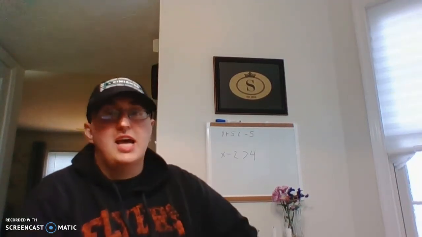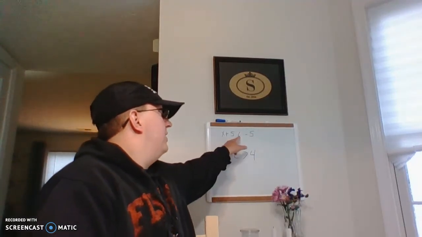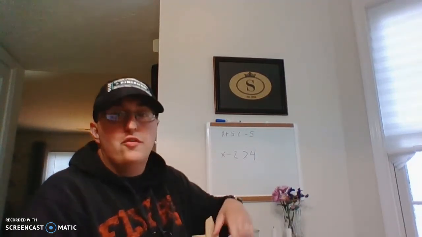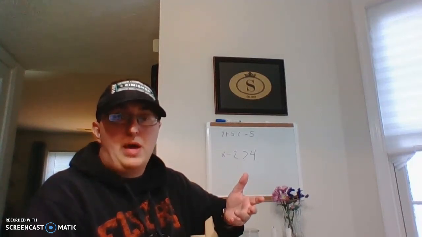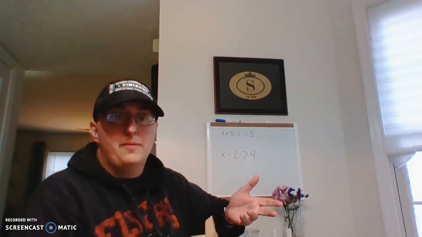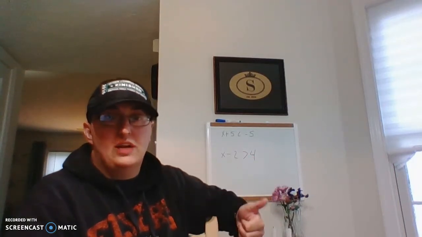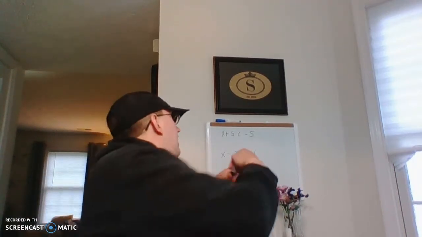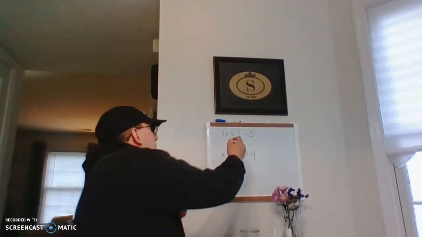So the first one we have is x plus 5 is less than negative 5. So x plus 5 less than negative 5. The first step is we have to figure out what the operation is. So we're doing addition. The next step is to do the opposite. So instead of addition, we're going to subtract. And just like equations, we got to do it with both sides.